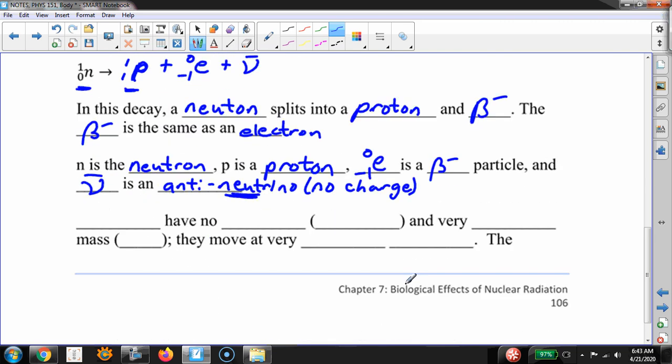So neutrinos have no charge. That means they're neutral. And they have very little mass.